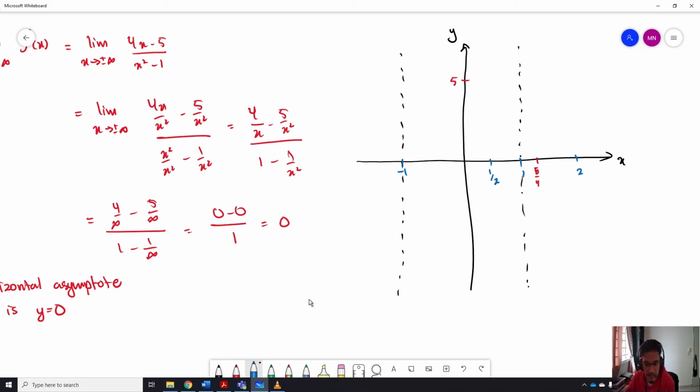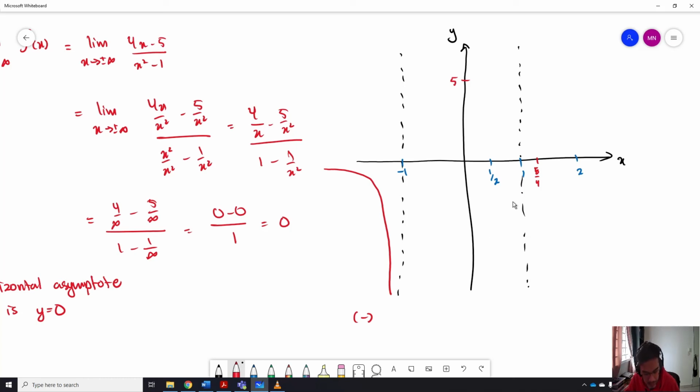Okay, so the region that we found from negative infinity until negative 1 has a negative gradient. Since this is an asymptote, the graph will be like this, because right here we have a negative gradient.